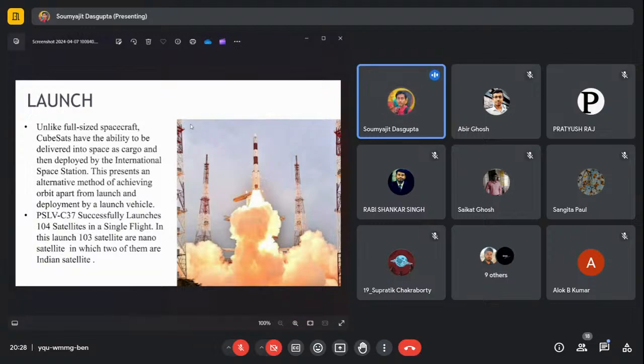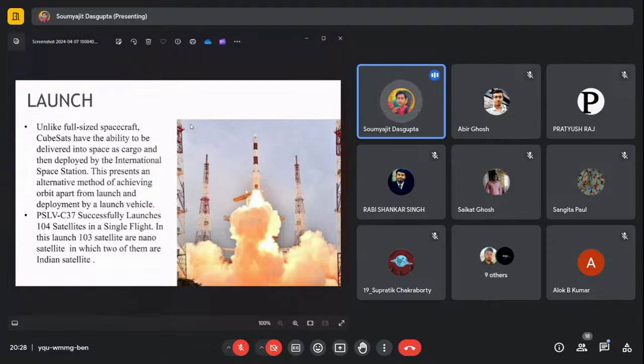If you do it very cost-effectively, buying components from a company or manufacturer, and build a CubeSat under 50,000 or 60,000, then it is very good. But then comes the most challenging part, that is launching, because without launching, the CubeSat is of no use, right?